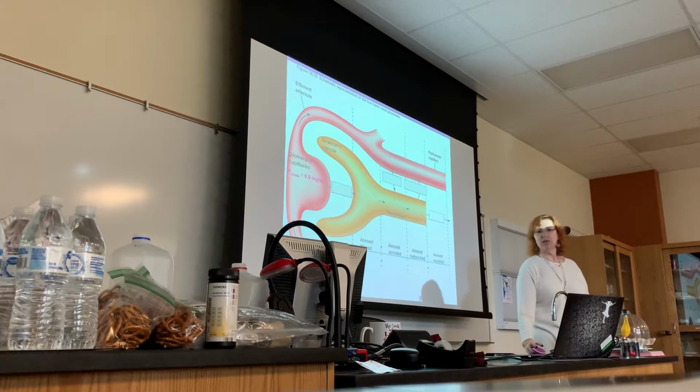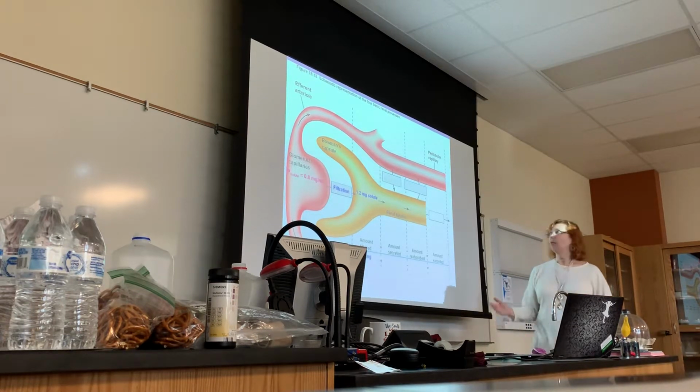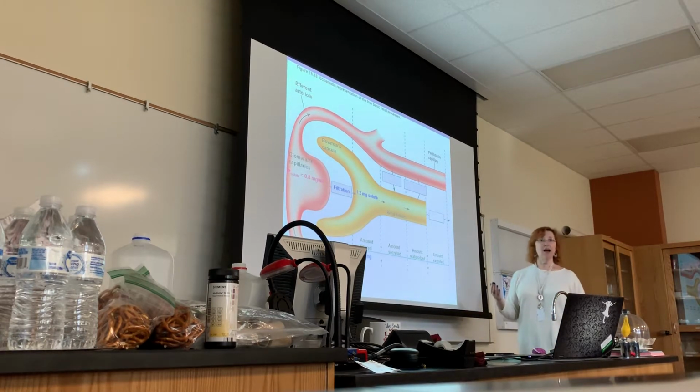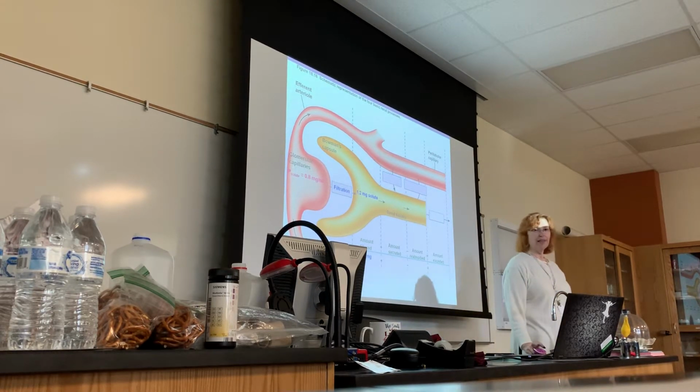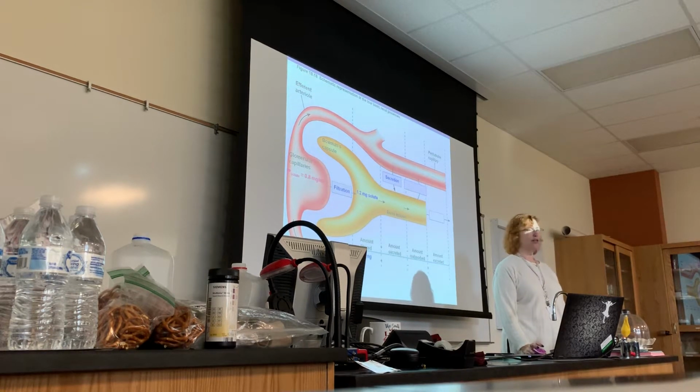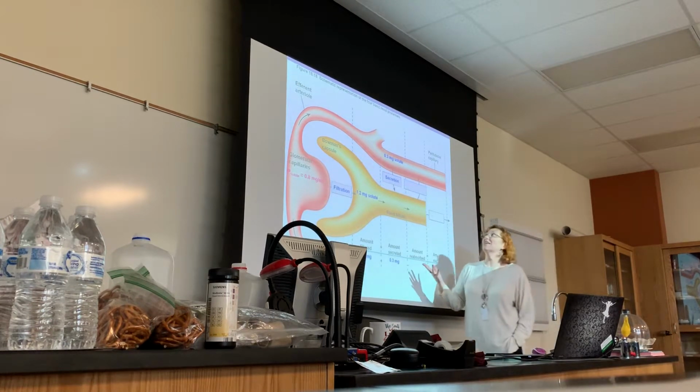So what's the first thing we're going to do? Well, the first thing we're going to do is filter. When we filter, we are going to filter out 1.2 milligrams of that solute. Then what are we going to do? We're going to look at how much is reabsorbed. I'm sorry, secreted. How much is secreted? We're pretending.